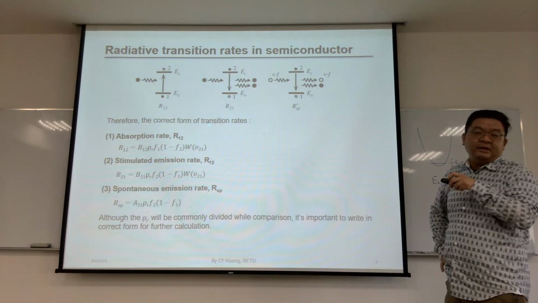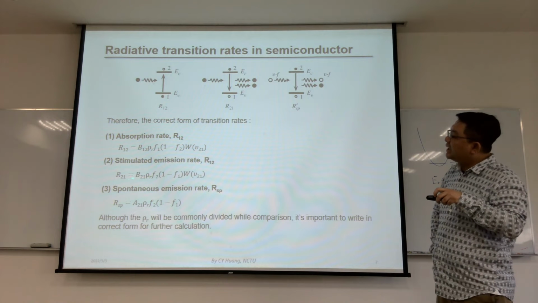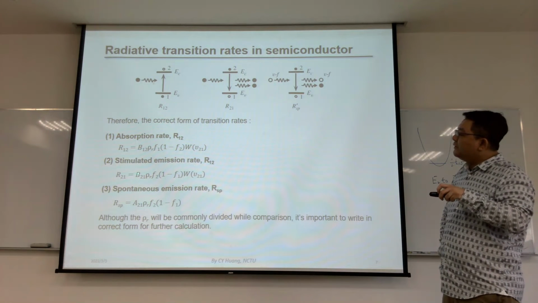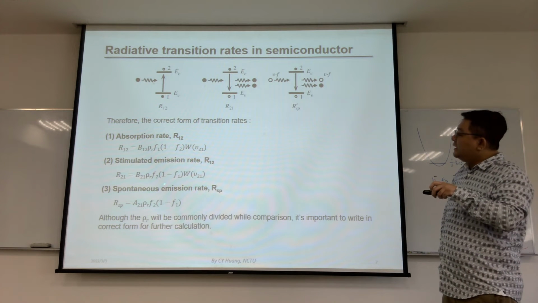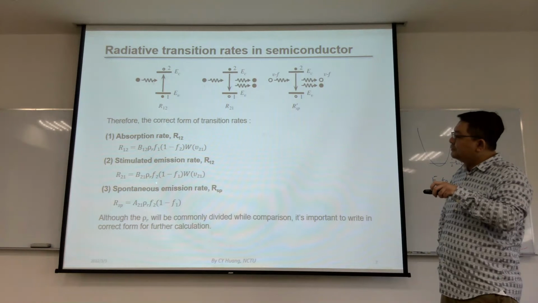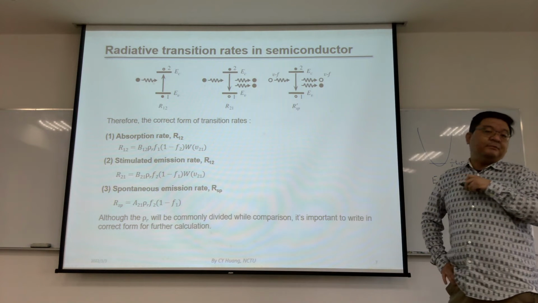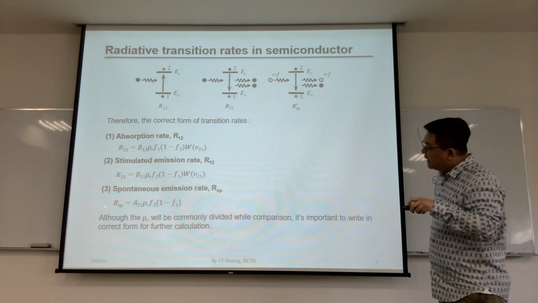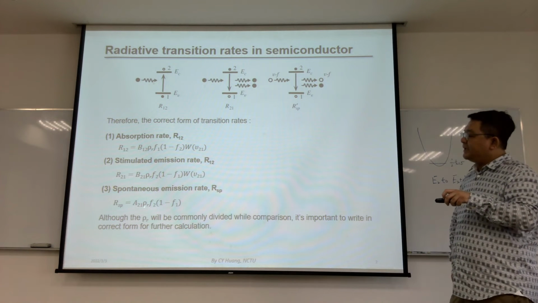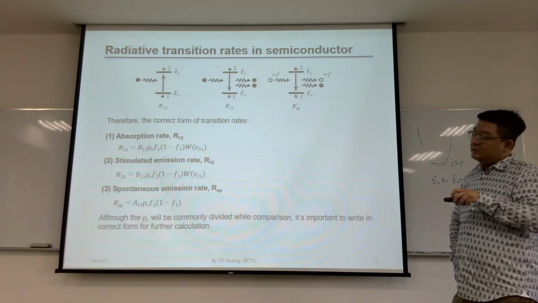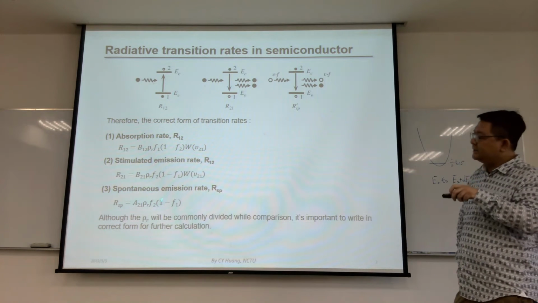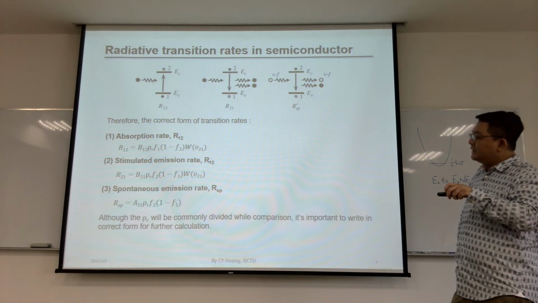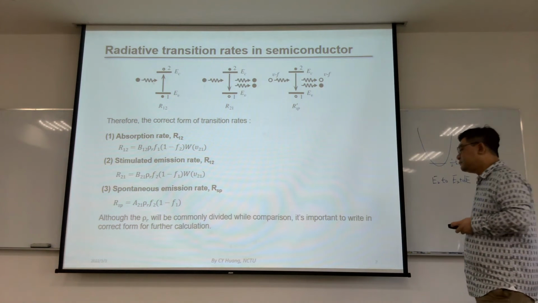Second, similarly, the stimulated emission is written as R21, as B21, low R, with the same spectral density of the photon, but it turns to F2 times 1 minus F1. And the spontaneous emission becomes A21 times low R times F2, because the electron should be in a higher state. F2 times 1 minus F1. Alright.